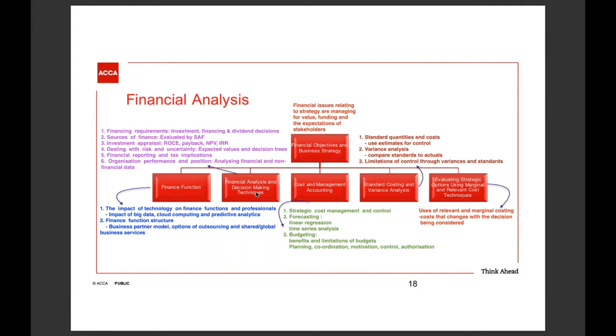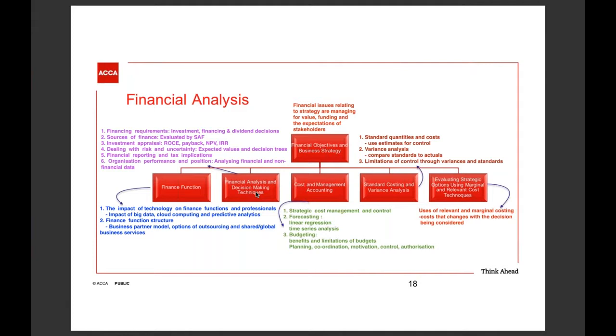Because of these decisions, you need to know certain tools and techniques to decide what kind of funding you are going to go for, what kind of investments you are going to go for, and whether you will be paying dividends or not.